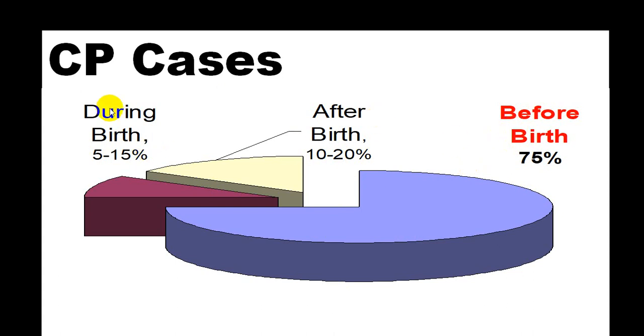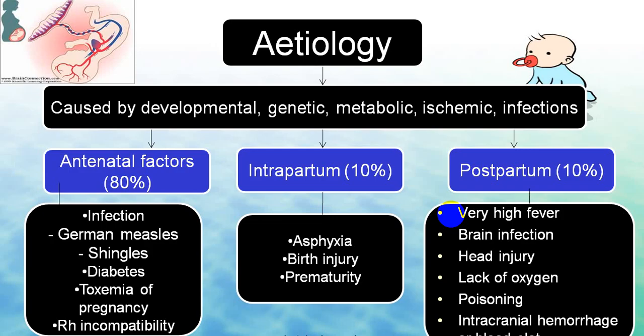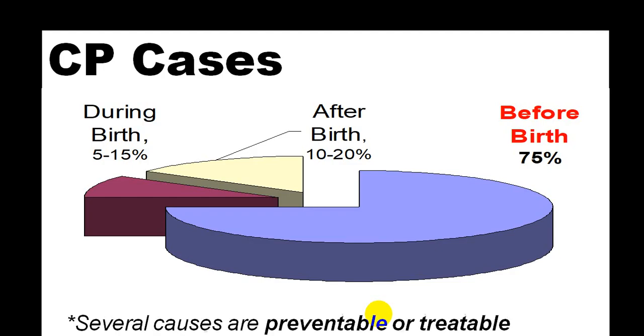And during birth, that is during delivery, and after birth, will account for another 25% of the group. So the major group is antenatal factors, and 20 to 25% will be intrapartum or postpartum period.